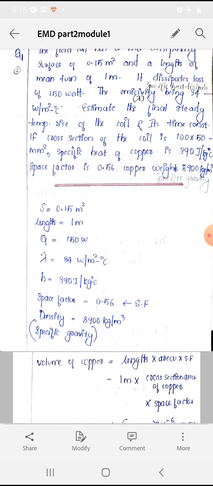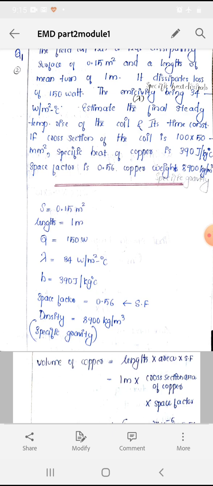Now lambda. Lambda is the specific heat dissipation and its unit is watt per meter square degree Celsius. But in the question it is given as emissivity, that is 34 watts per meter square degree Celsius. So we need to know each term's unit, so it will be easy to find the term.